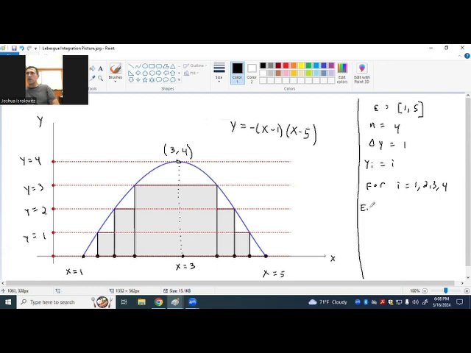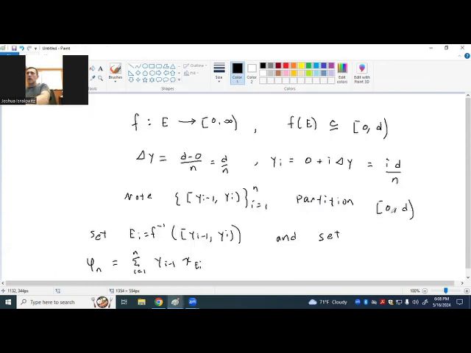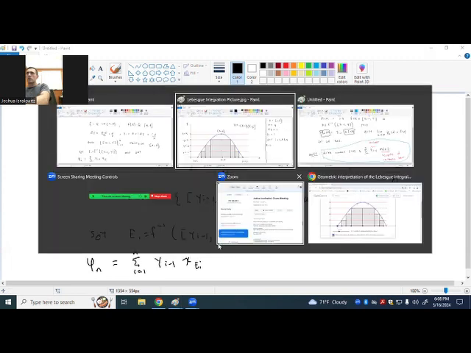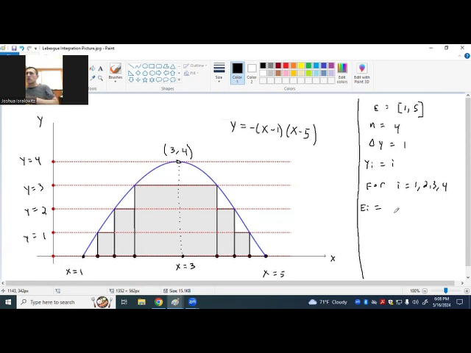I'll graphically show you what E_i is. E_i is just, going back to the definition, the inverse image of these intervals, a bunch of windows here. So this is going to be the inverse image of i minus 1 to i.